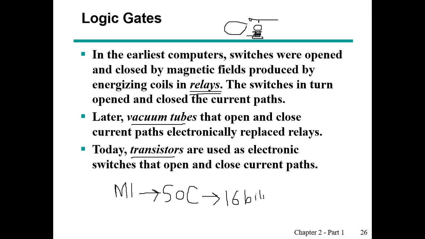Okay, so that is the number of switches that are being put together in order to make something as complex and powerful as the Apple M1 chip. So you can look it up. So right now we are using these transistors as switches, and they form the basis of structure and functional basis of all digital devices.